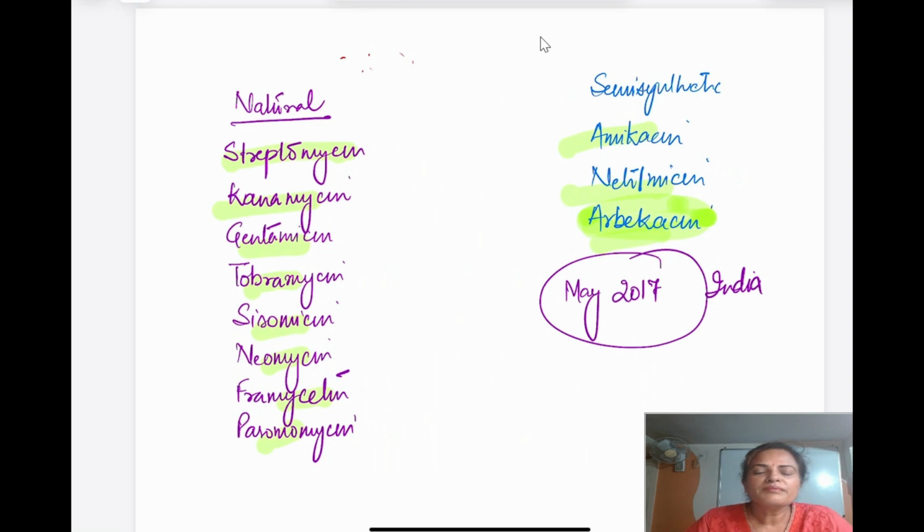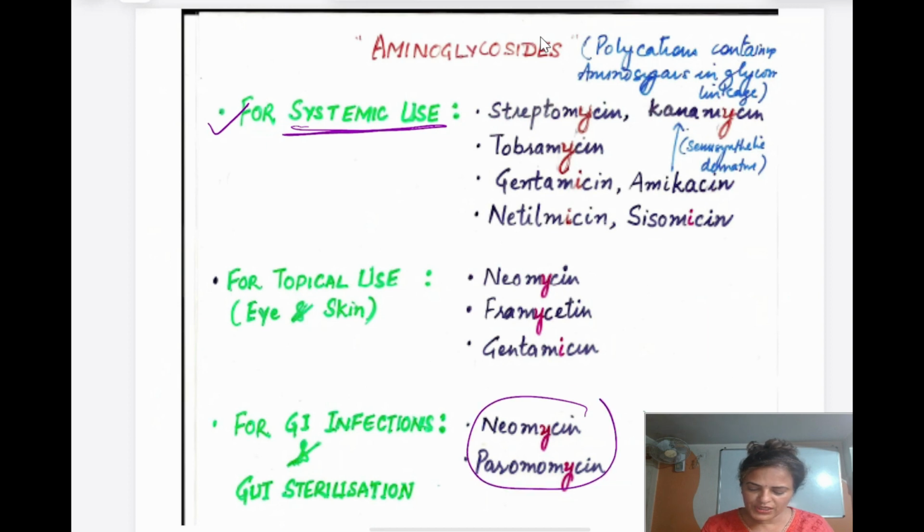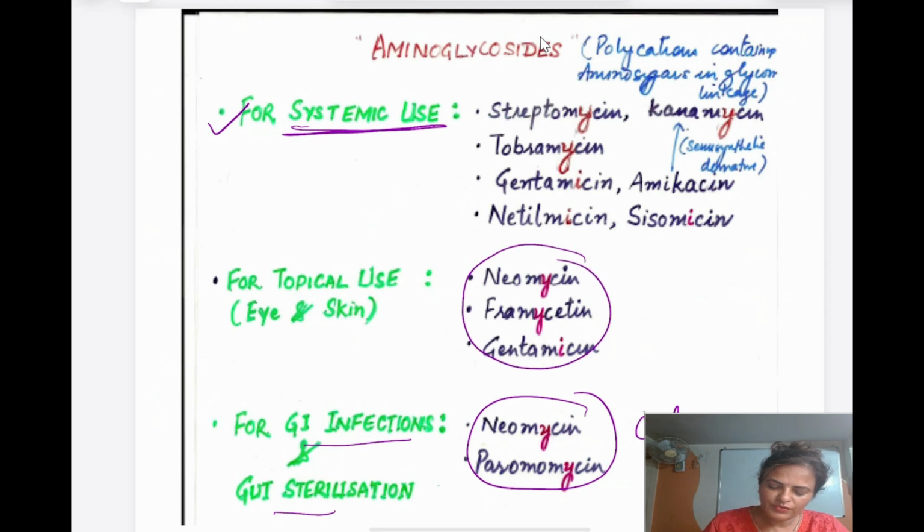Already I have told you they are mainly polar, so we give them by the parenteral route. Another way of classifying them: the majority are given by the parenteral route for systemic use, and only two of them are given by the oral route, that is neomycin and paromomycin. These are used for gut sterilization and for GIT infections, and these we use topically, especially for the eye, and mainly for the skin where there are burns. Neomycin, framycetin for infected bone, gentamicin.